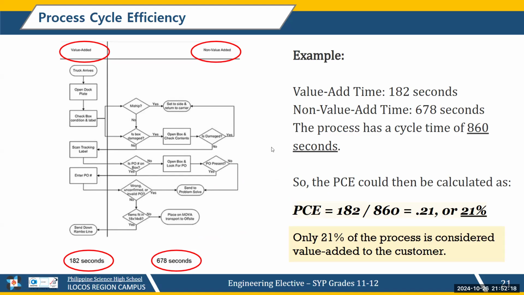So to calculate the PCE, you get the value add time, 182, divide that to the lead time, which is 860, 182 divided by 860, that is 0.21 or 21%. So what does this 21% mean? Only 21% of the process is considered value added to the customer. So the rest ay waste na.